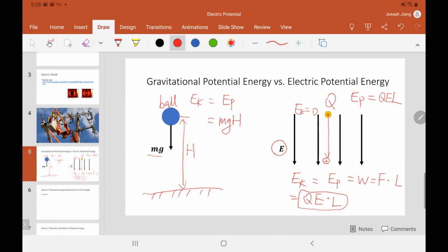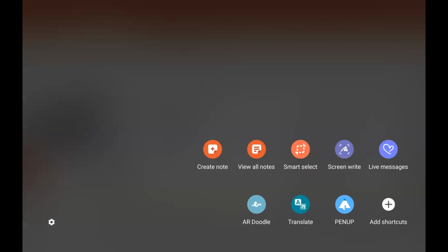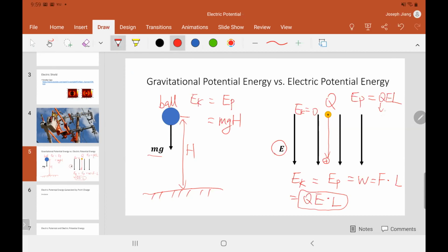Okay, and we know the charge in this motion doesn't change. The charge is a constant. So the change will be E times L. So E times L is the property that can reflect the space distribution of the electric field.